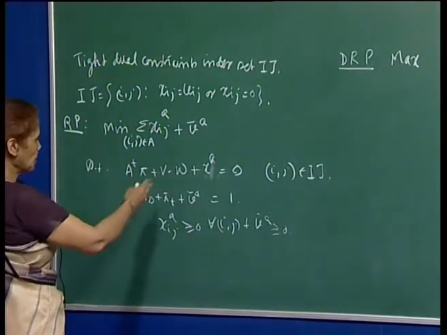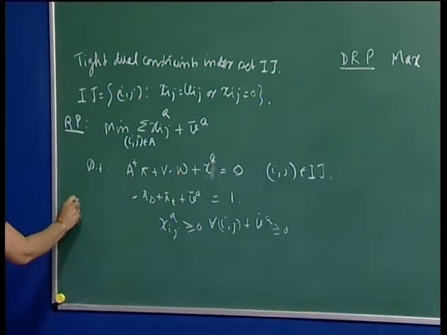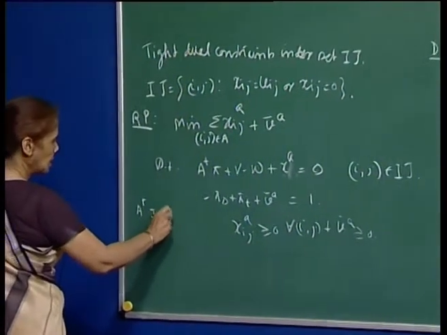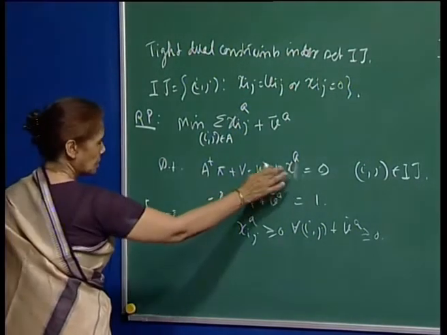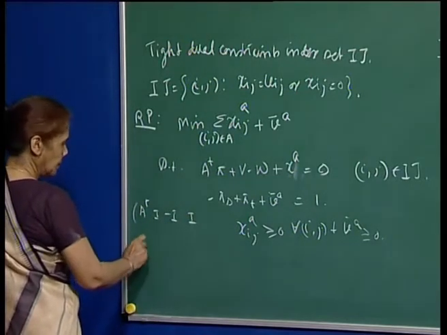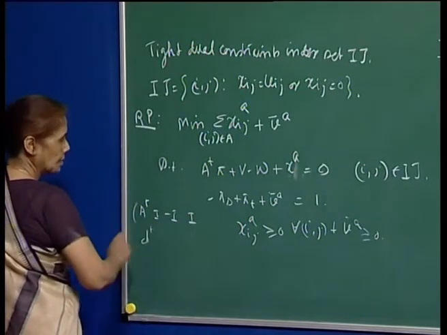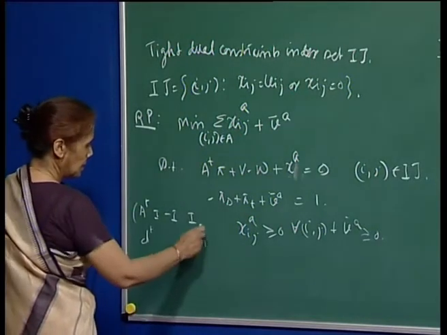So therefore, the transpose of this. Now what does this matrix become? This is right now A transpose, I, minus I, and I again, right, because this is the whole set of this, and then you have a D transpose, and we have a 1 here, where the rest is 0.